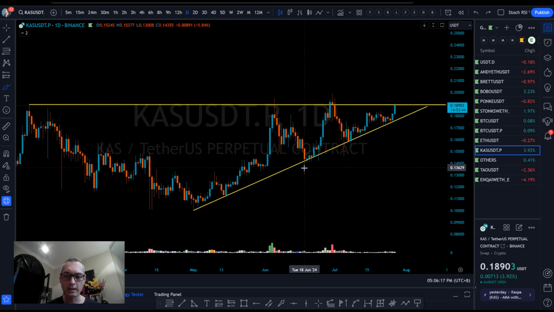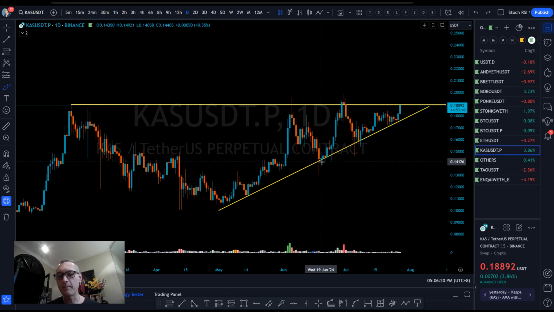This is a long wick indicating demand. So the demand is so strong that price literally cannot get to the levels that they were before, right? The demand is so high that it just cannot get any lower than these levels.